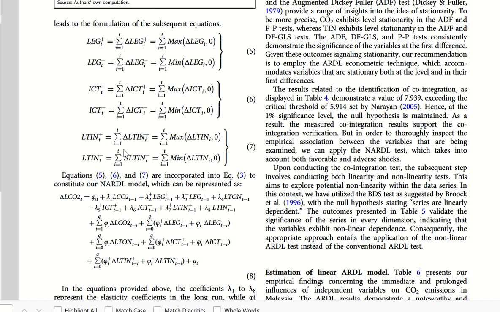This helps to answer: does an increase in technology reduce emission more than a decrease? So we need to understand that ARDL is a symmetric relationship and NARDL provides an asymmetric relationship. This is our final understanding of the methodology for this research article.